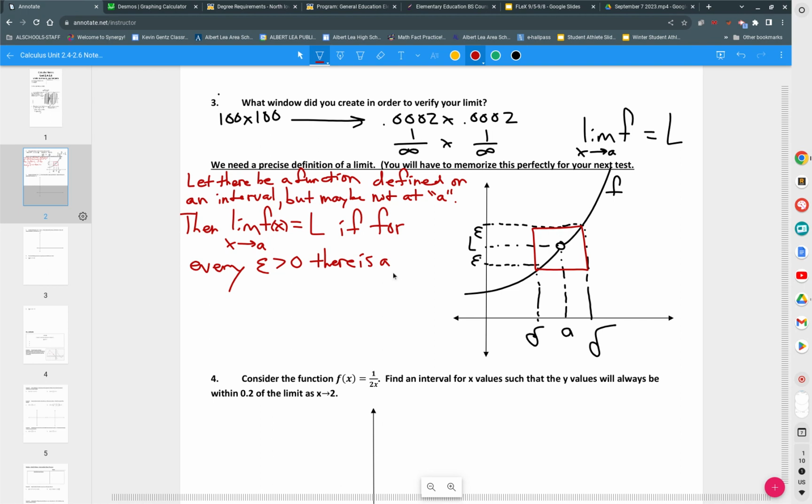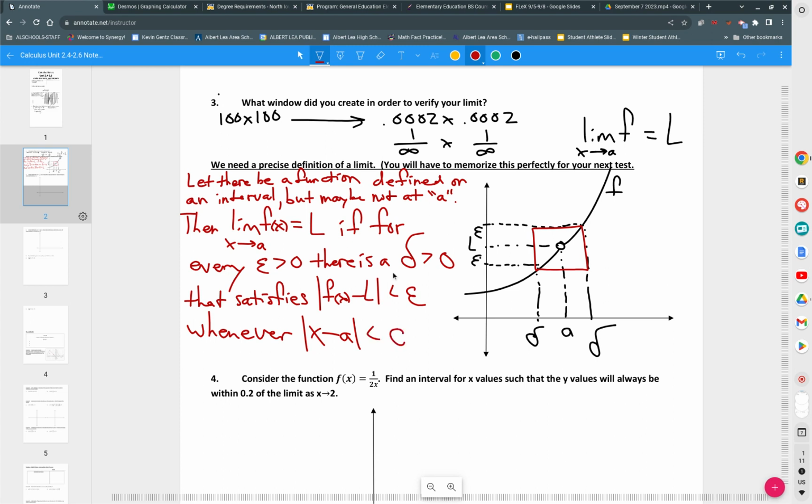If for every epsilon, there's a delta that satisfies the absolute value of f of x minus L is less than epsilon, whenever the absolute value of x minus a is less than delta.